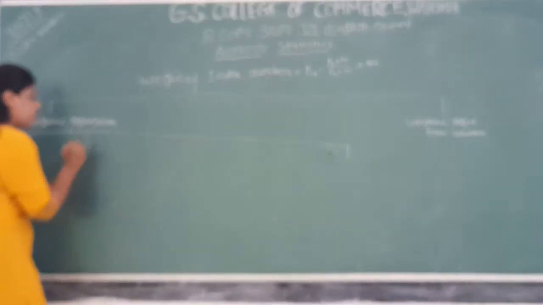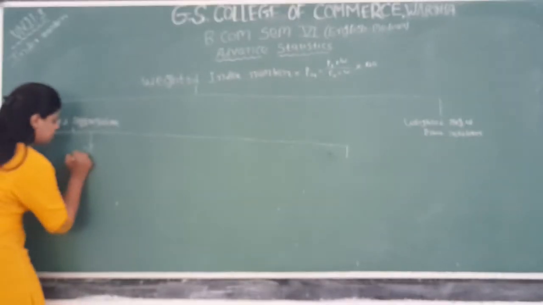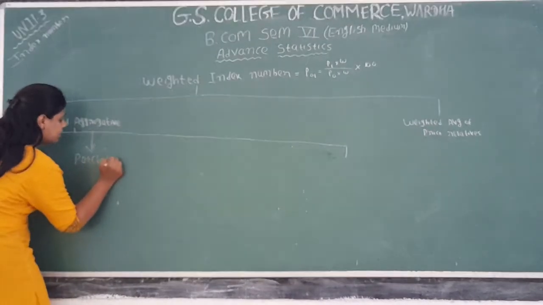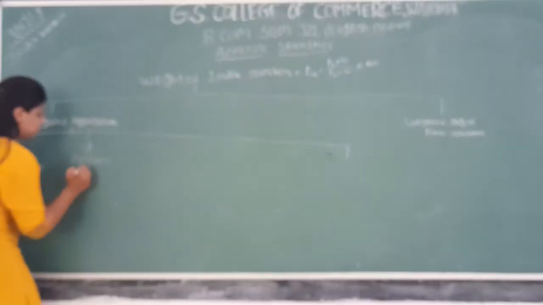So we call it Laspeyres method to calculate index number. After that, another formula that we have is of Paasche. The spelling of Paasche is P-A-A-S-C-H-E. So we call it Paasche method.